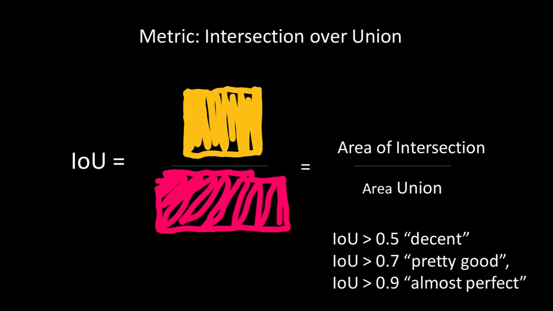As a rule of thumb, if your IOU is greater than 0.5, it's considered decent. This is the mark where you go from saying that a bounding box is actually accurate. If it's greater than 0.7, you say it's a pretty good bounding box. And if it's greater than 0.9, then that bounding box is almost perfect, because you're pretty much never going to get an IOU of 1.